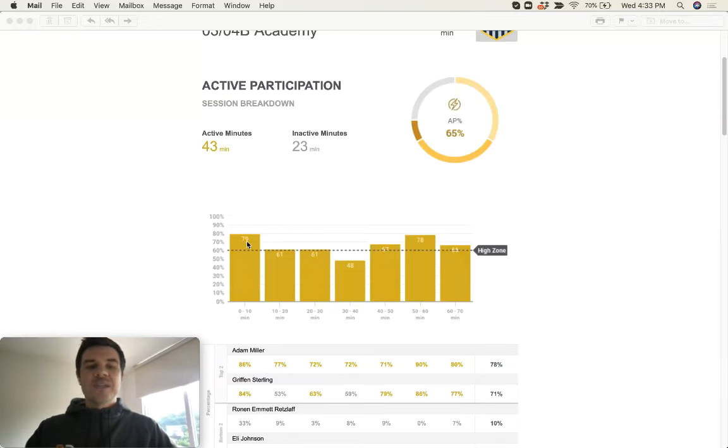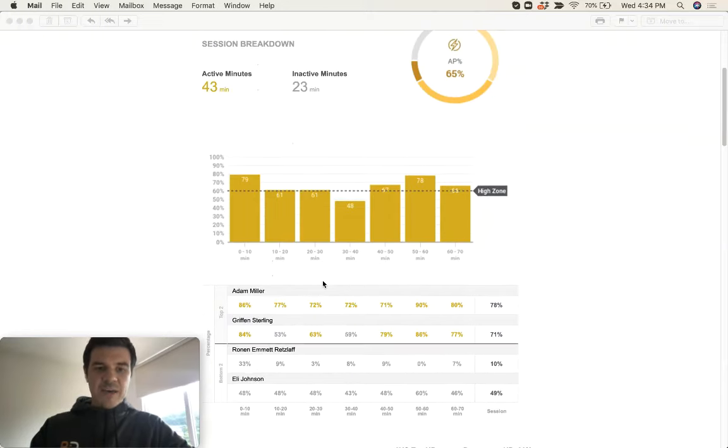From this example, you can see that the most activity took place within the first 10 minutes. The players were active 79% of the time, almost 80%, versus between minute 30 and 40, which could have been a longer break or a transition that brought this down. Here, the group is just under 50%. And so you can start to attribute active participation to time as it relates to your session.